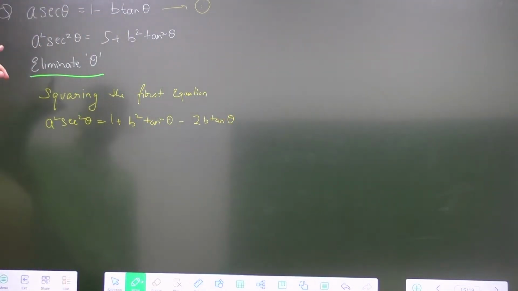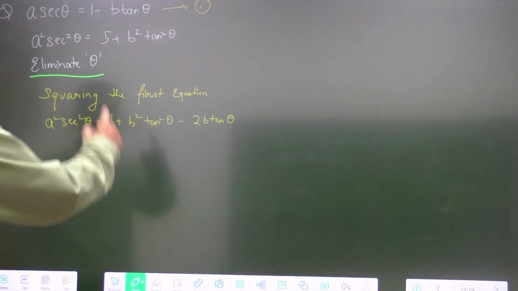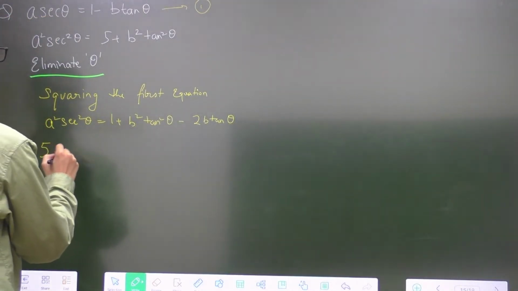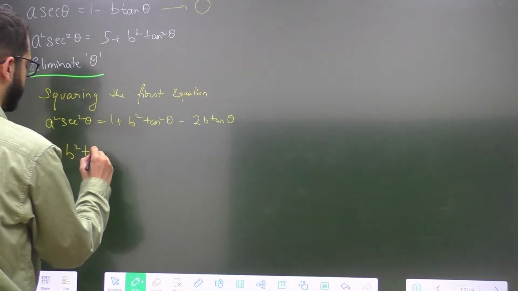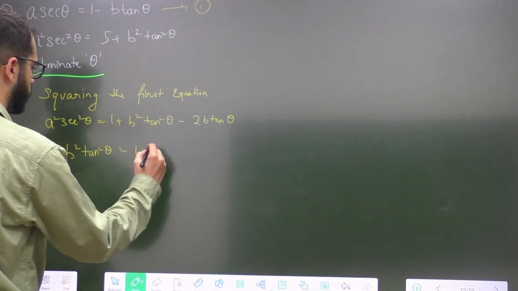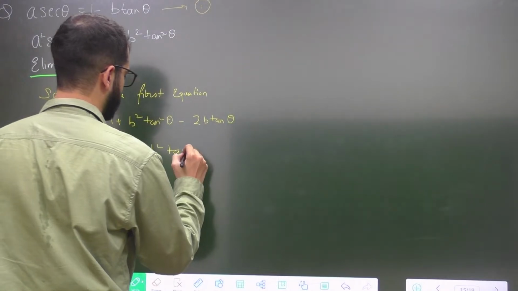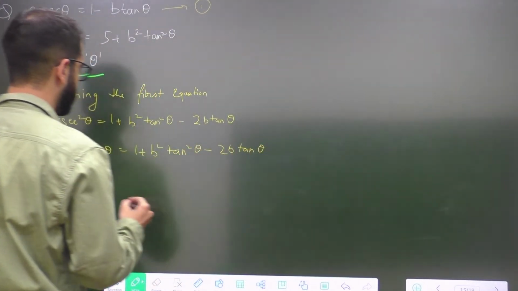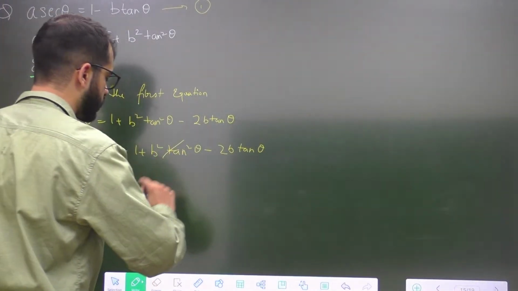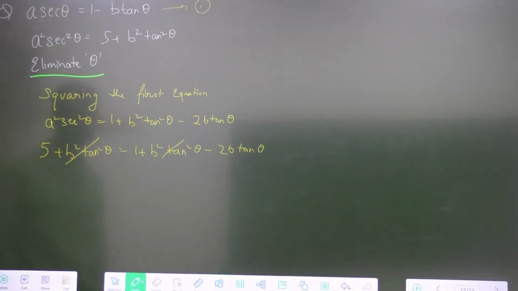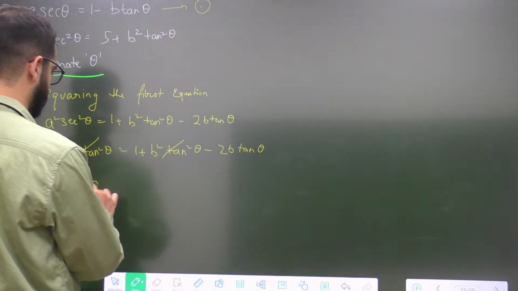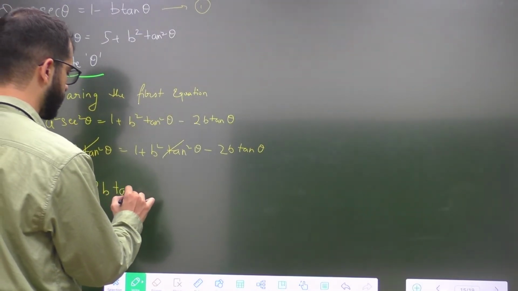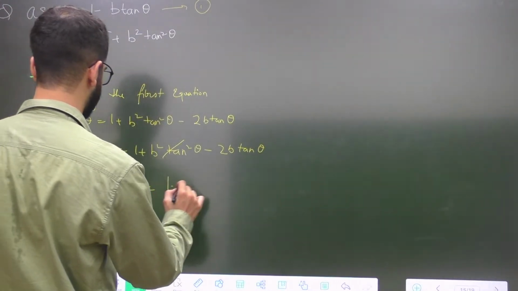Now the second condition gives me the value of a square sec square theta, so I'll substitute that value over here. 5 plus b square tan square theta is equal to 1 plus b square tan square theta minus 2b tan theta. Now b square tan square theta from both the sides will get cancelled.